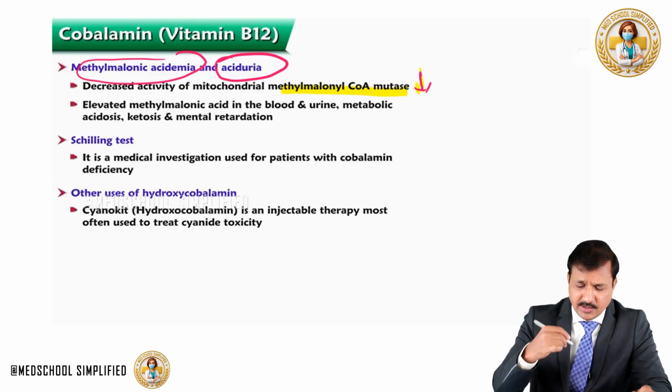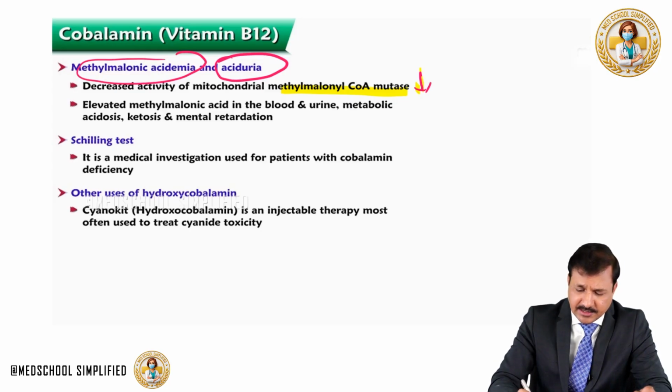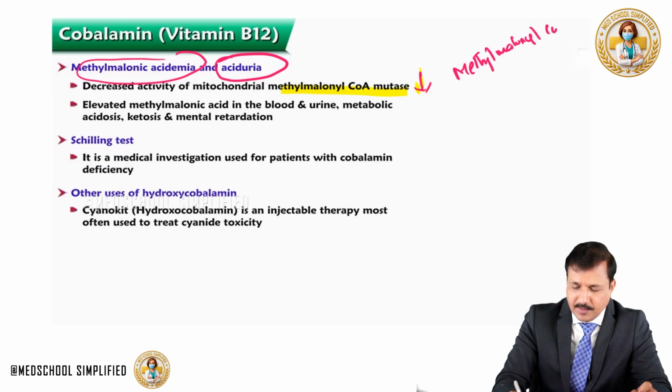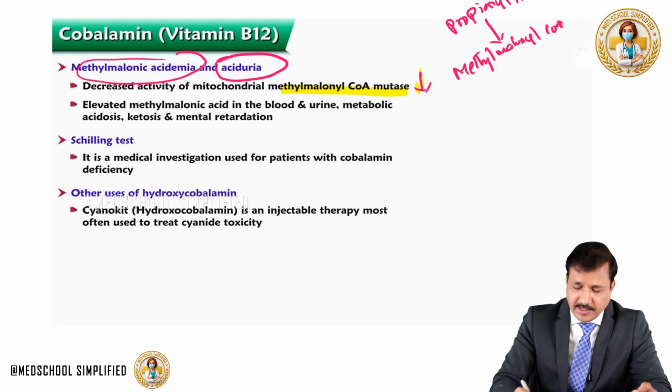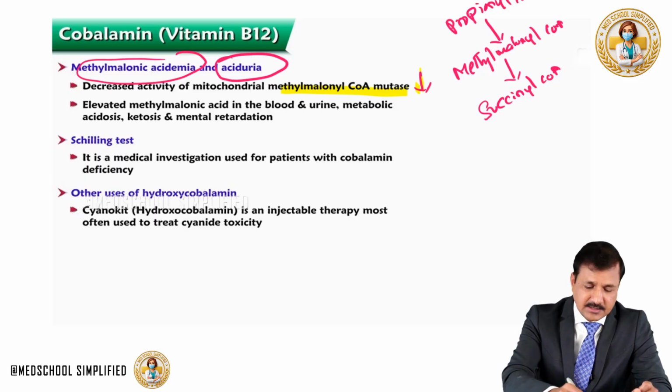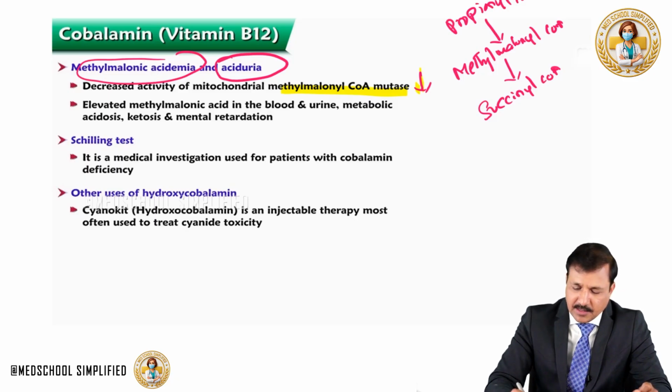Because if I want to recap this reaction here, one of the reactions that we have seen previously, methylmalonyl-CoA, which is coming from propionyl-CoA, coming from odd number carbon fatty acid oxidation and a variety of other sources of propionyl-CoA, is converted into succinyl-CoA.